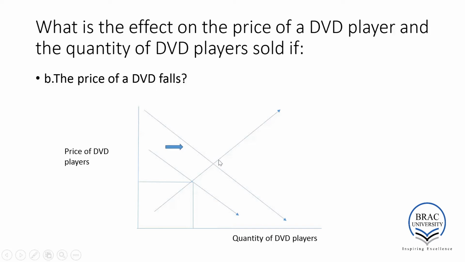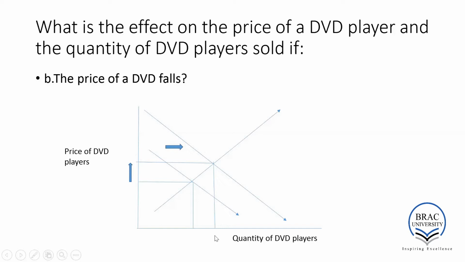So if we draw a line from the equilibrium point to the price axis, we get our new equilibrium price. So if we compare this new equilibrium price with the initial equilibrium price, we see that there has been an increase in the equilibrium price of DVD players. Now, what if I draw another line from the equilibrium point to the quantity axis? We can get the new equilibrium quantity.